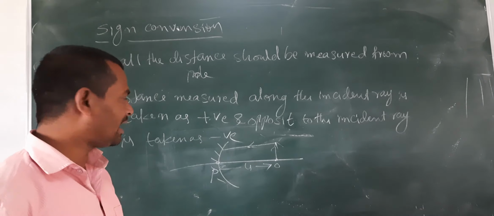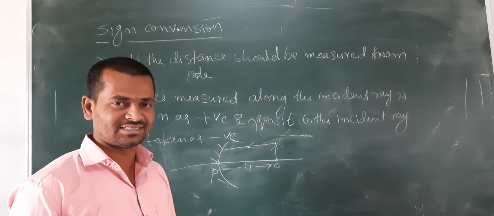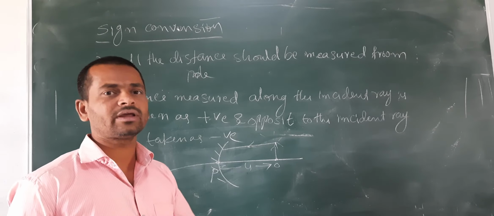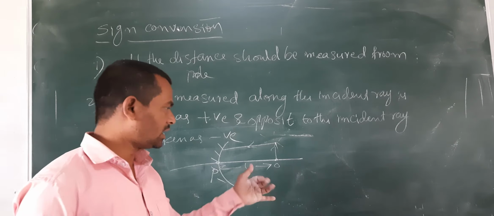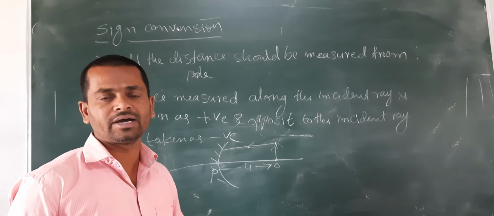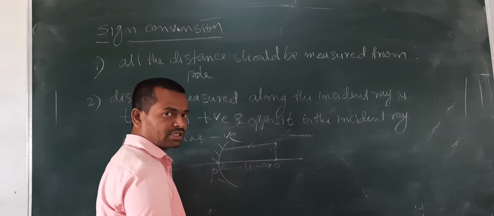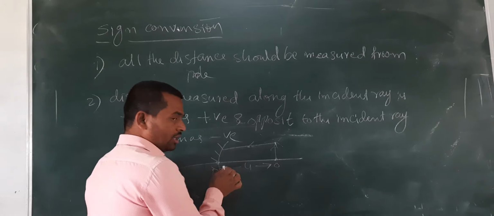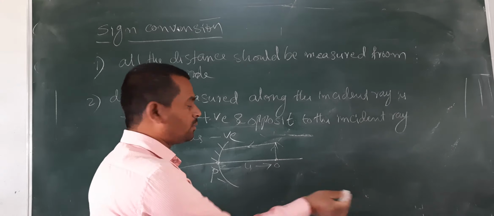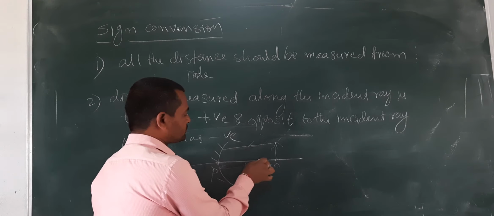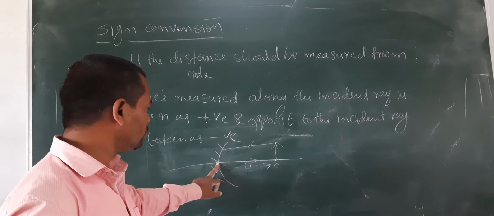Now I have to measure the distance, the object distance here, and I want to know whether it is positive or negative. It is a pole and it is an object. To measure the distance from pole to object, I have to move in this direction.